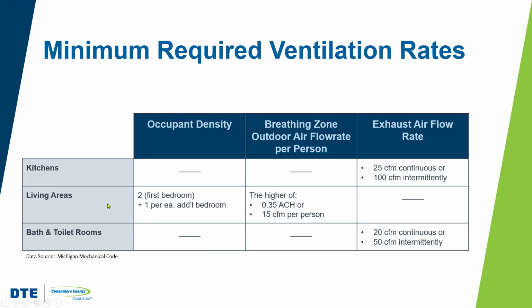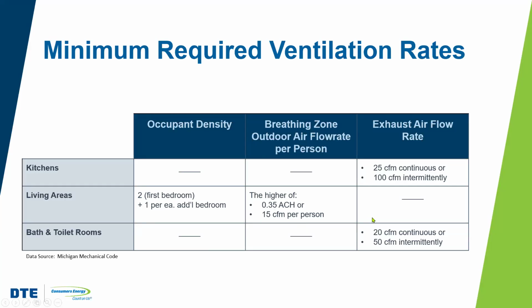If we were looking to see which value we would use here for our outdoor air flow rate, it's the higher of either 0.35 air changes per hour or 15 CFM per person.